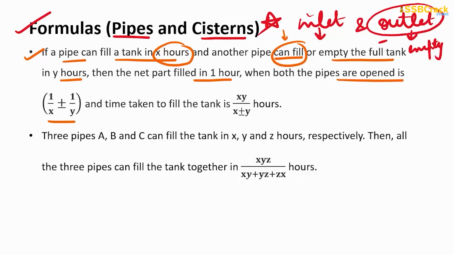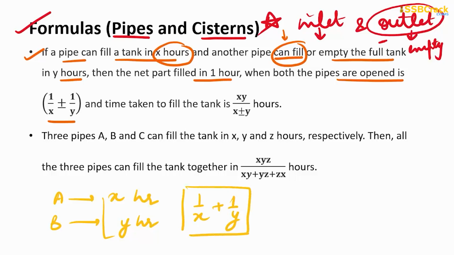A can fill the tank in x hours and B can fill the tank in y hours, right? So the 1 hour work of A and B will be equal to 1 by x plus 1 by y, right? So in 1 hour they will be filling the 1 by x plus 1 by yth part of the tank. So the total time taken by A and B together to fill the tank will be the reciprocal of this. So it will be equal to xy upon x plus y, right?